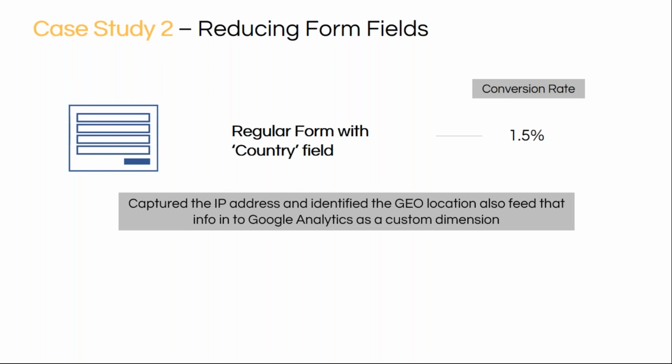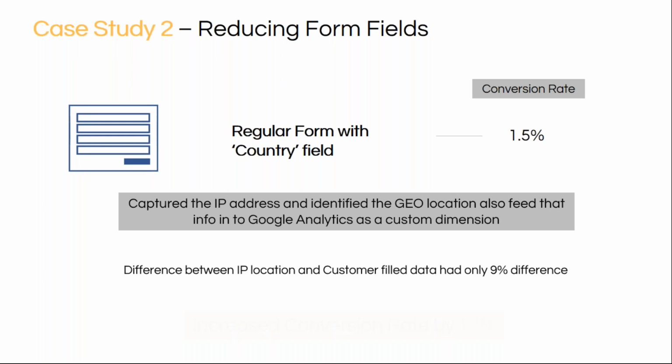What we did was capture the particular IP address that user has and then match that IP address to the particular geolocation, and we were able to optimize the conversions because there's no need for the user to fill in the country, as we already had that accurate data using the IP address.